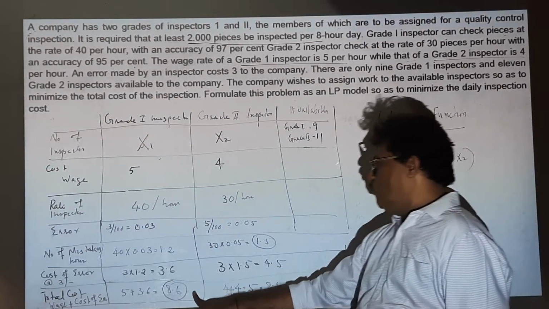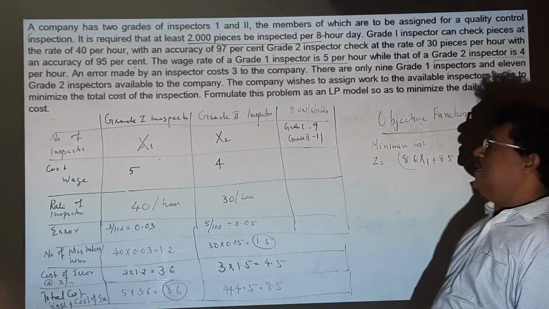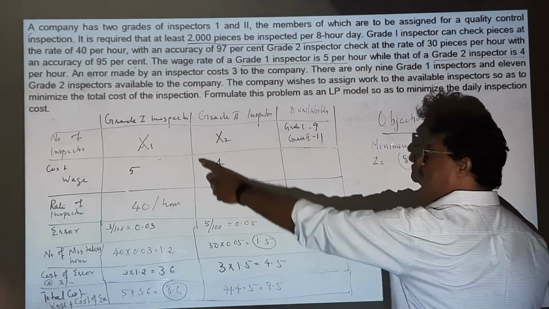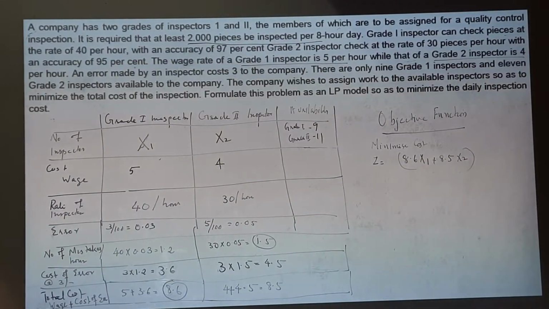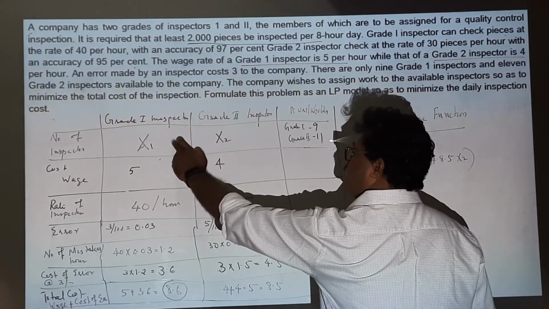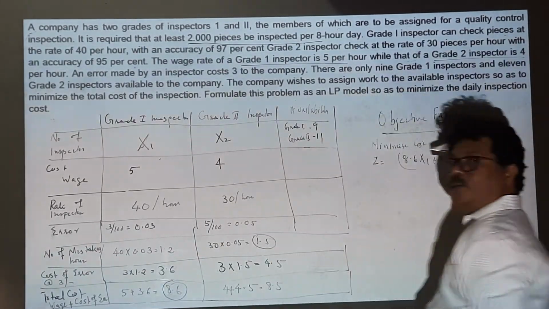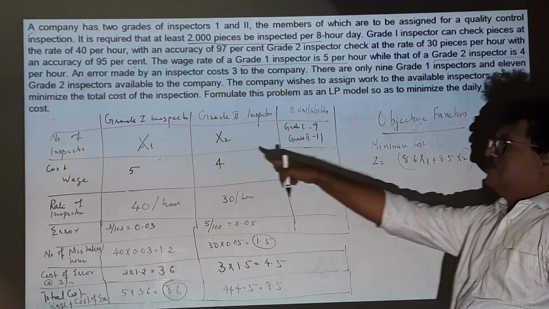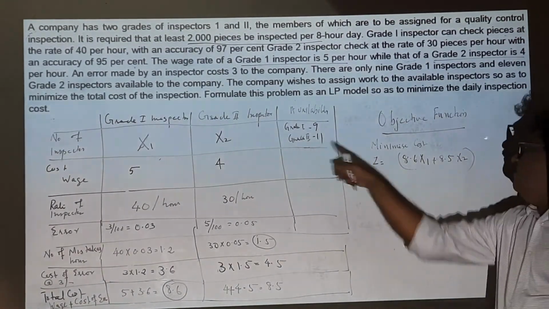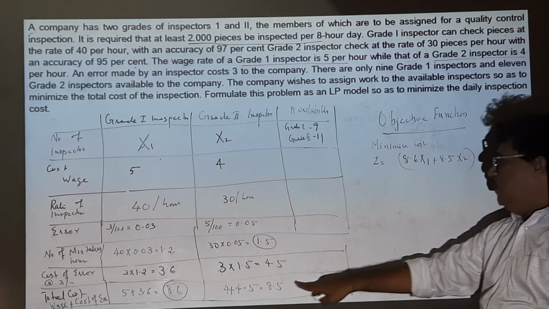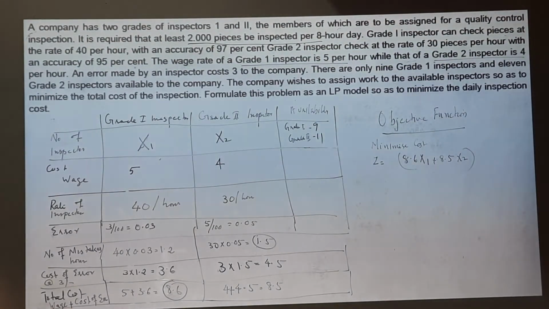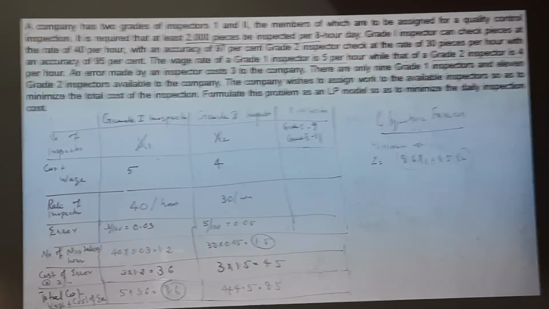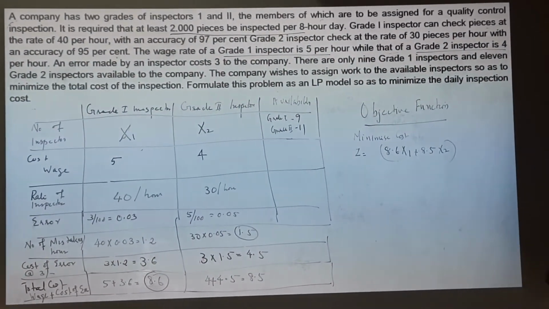Why? Because per inspector the cost is 8.6 per hour, so 8.6 into x1, as we have x1 inspectors. Here we have x2 inspectors, 8.5 into x2, because for one inspector the cost per hour is 8.5. That cost is calculated from wage plus the cost because of the error, the mistake.